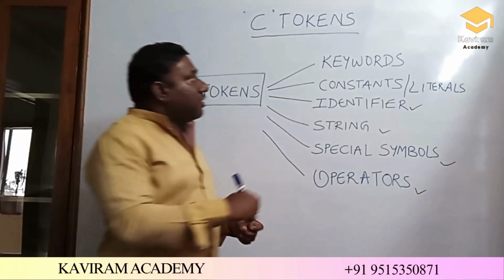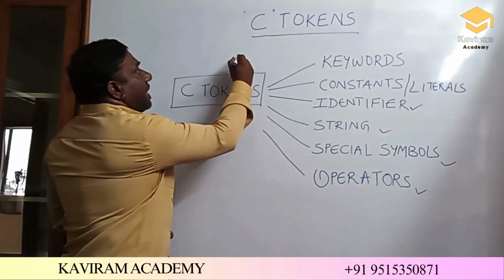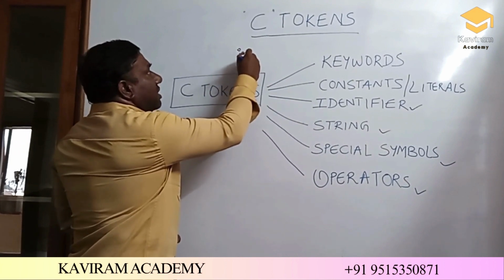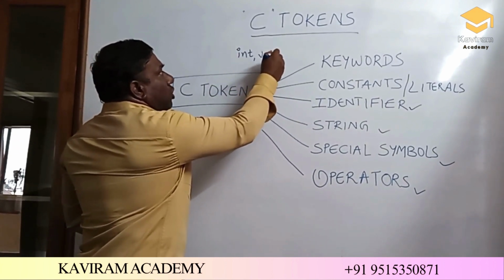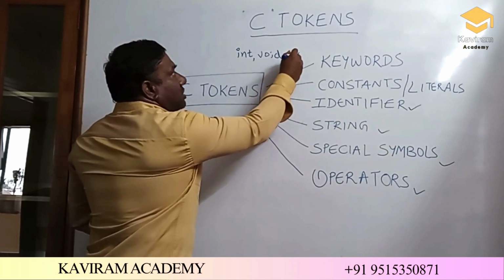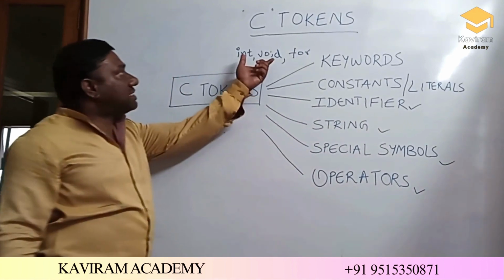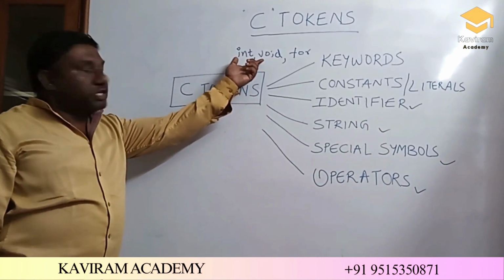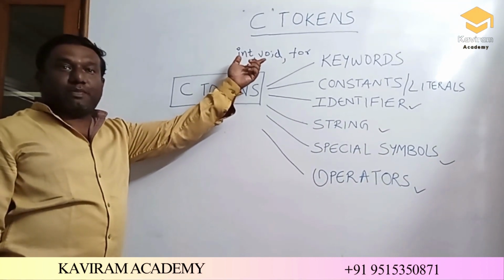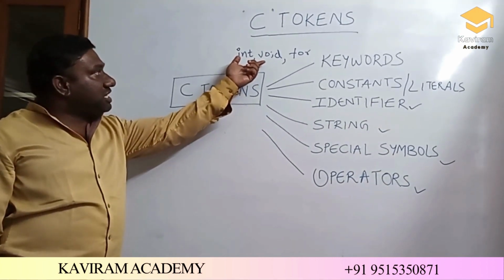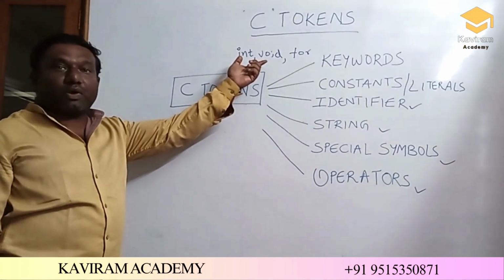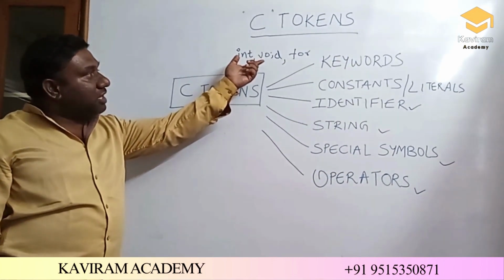For example, int is a keyword, void is also a keyword, for is also a keyword. All these are keywords which do a specific task in your C program. We can't use these keywords as names of your program or names of other variables.